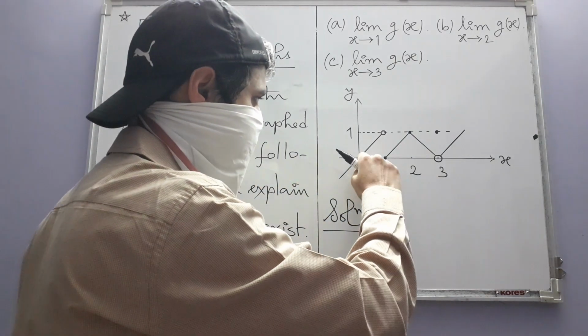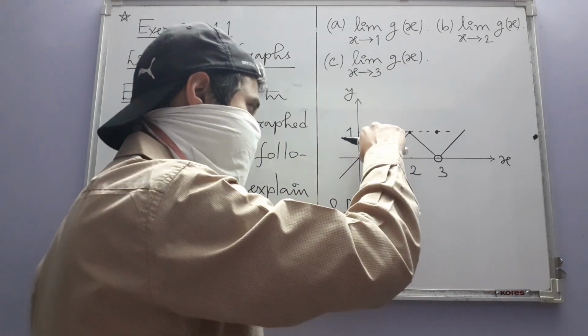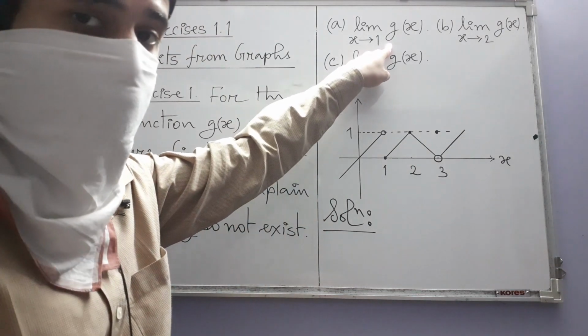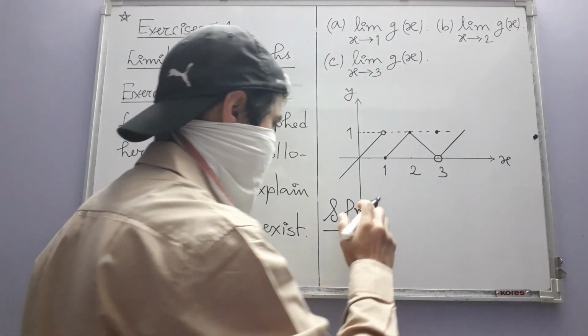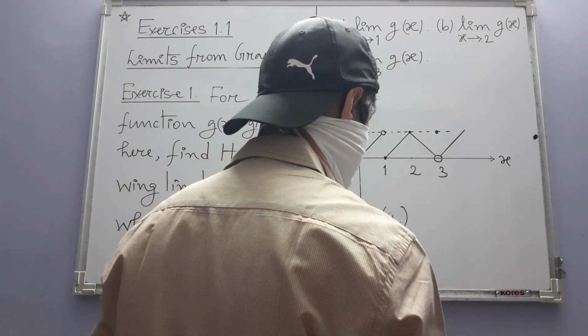On the left side it is approaching 1, the output values. On the right side it is approaching 0. So that's why this limit does not exist. And we can of course write the answer like this.